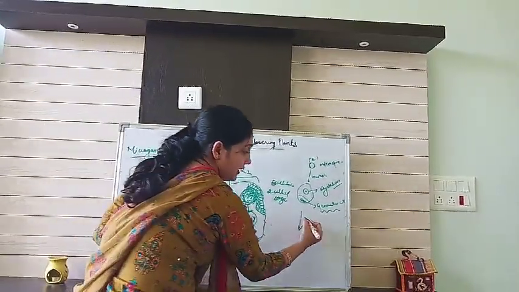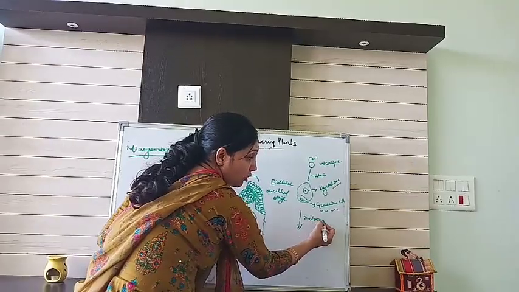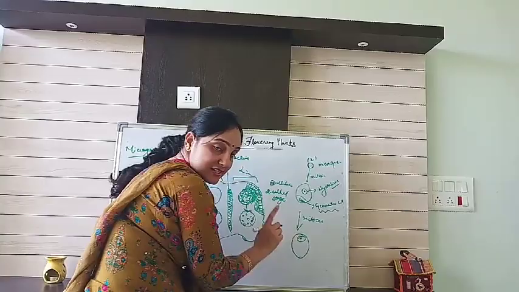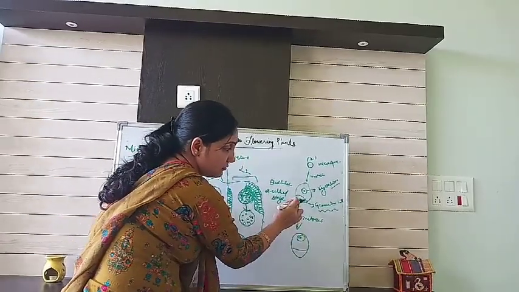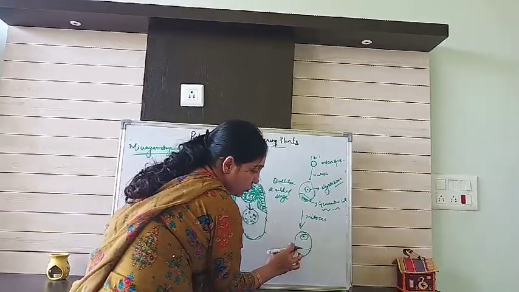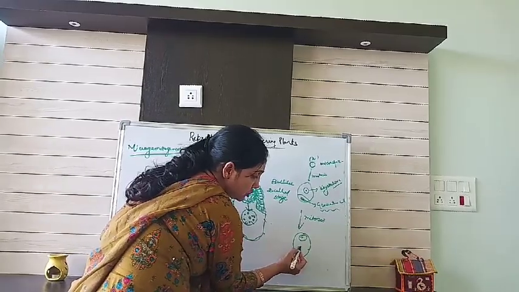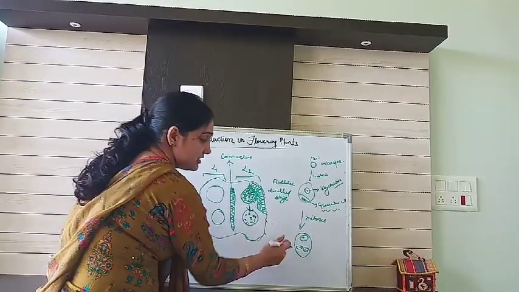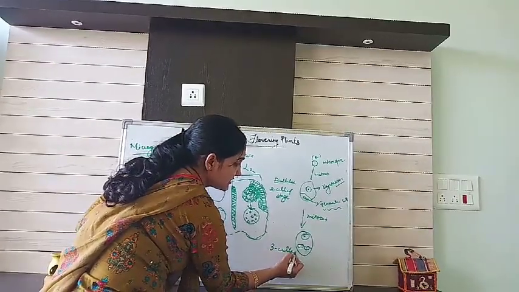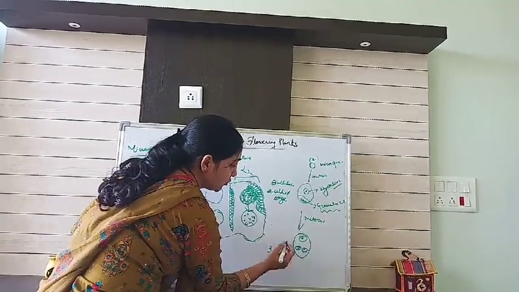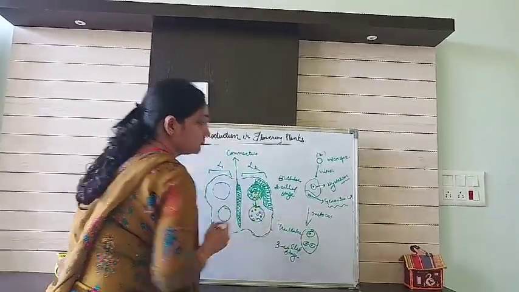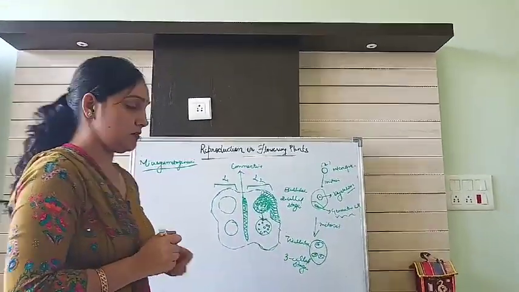Now, next it goes again under mitotic division. The vegetative cell will remain the same, but this spindle type of cell is going to divide and give us two cells here. This stage is called the three-cell stage, or tricellular.